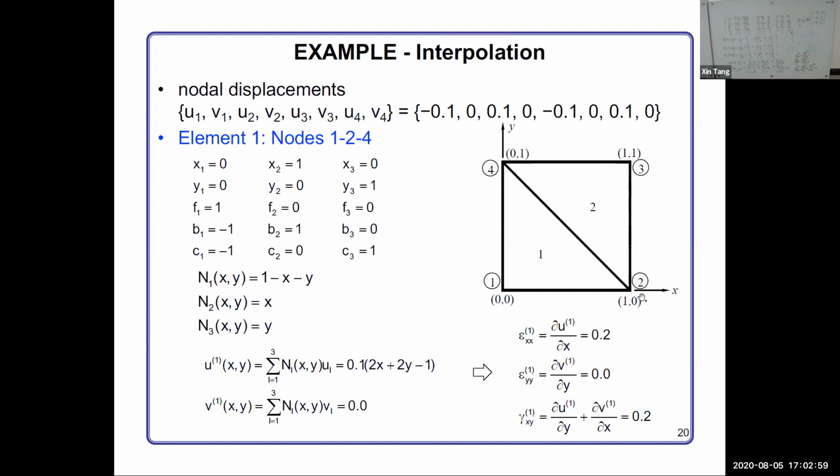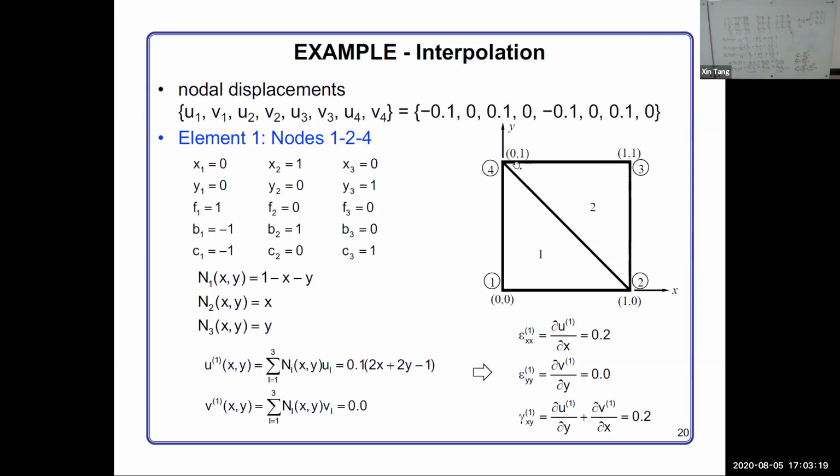U2, V2, the displacement on node 2, equals 0.1 and 0. U3, V3 equals minus 0.1, 0 for node 3. U4, V4 is 0.1 and 0 for node 4.